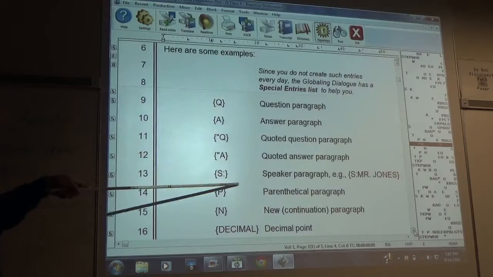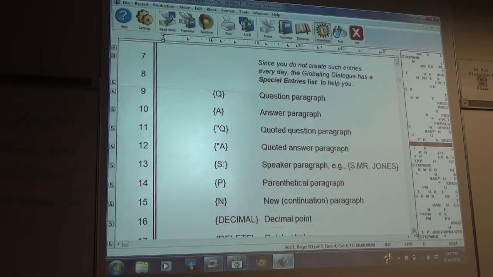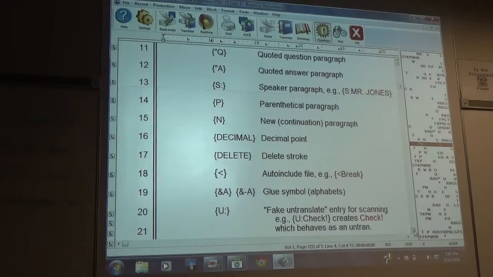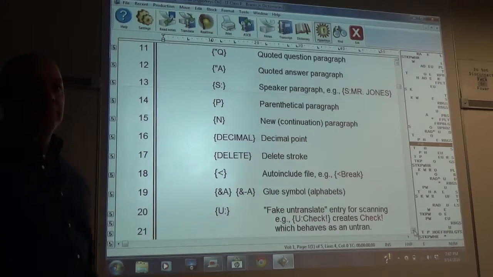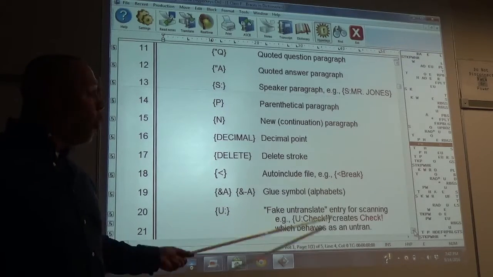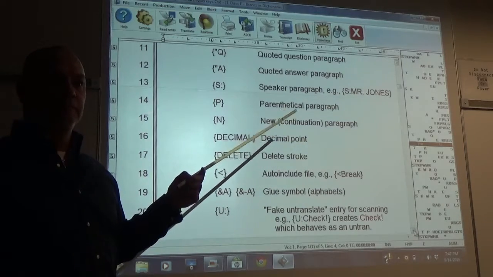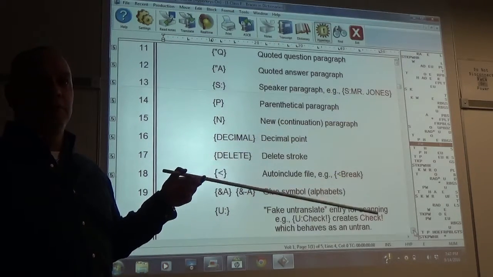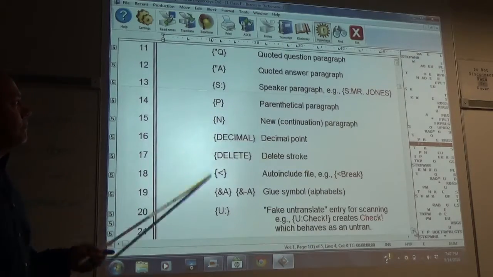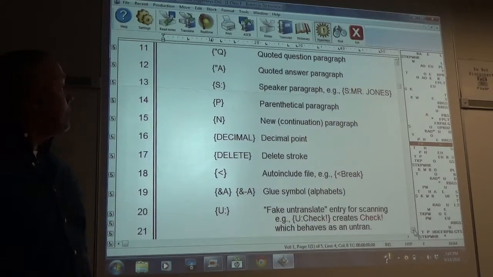So if you can go in here and print this, go ahead. Or you can just remember that it's in special entries. Oh, right. Yeah, the drop-down box. Yep, got it.